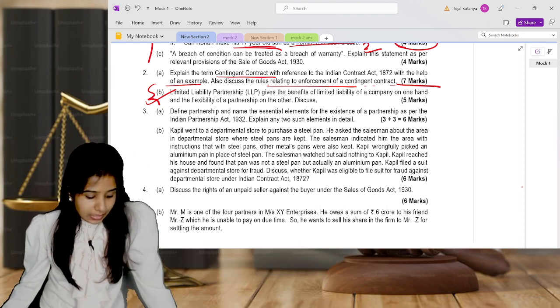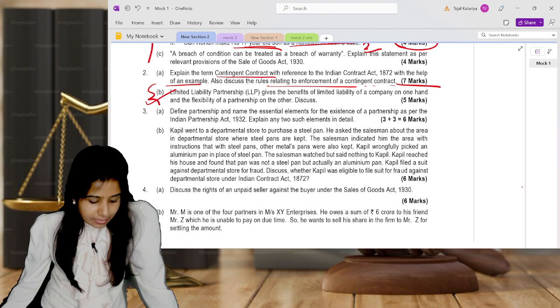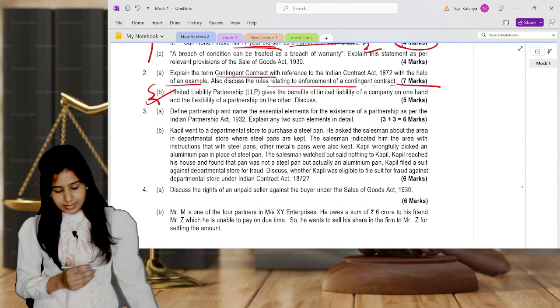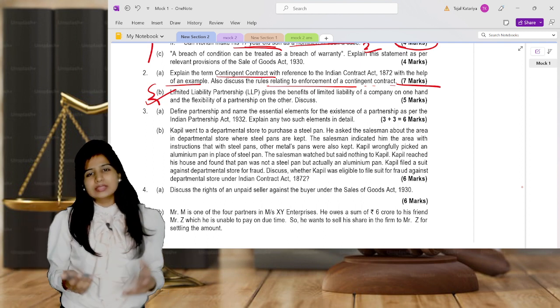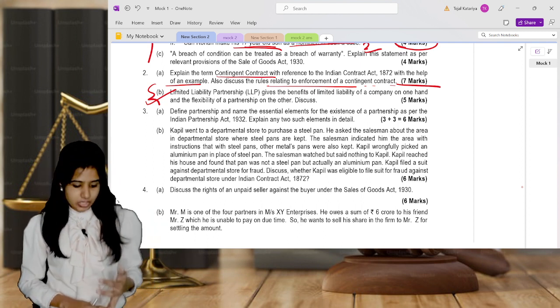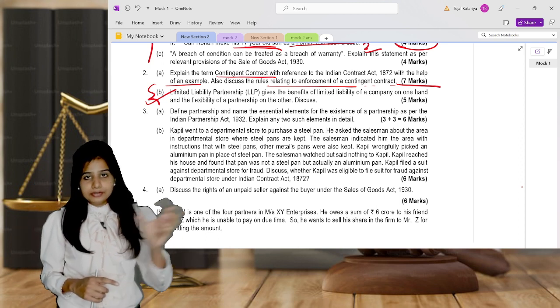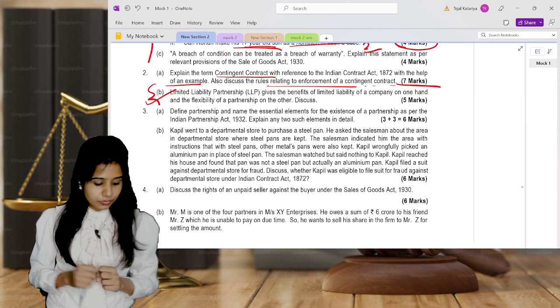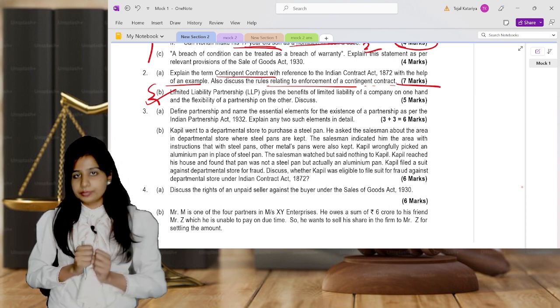What is that question? Limited liability partnership gives the benefit of the limited liability of a company on one hand and the flexibility of a partnership on the other hand. So basically LLP is nothing but a combination of partnership and company. From the company you are getting the benefit of limited liability, and from the partnership you are taking flexibility and the other benefits.